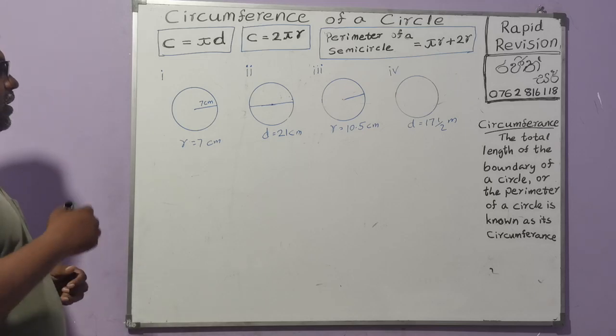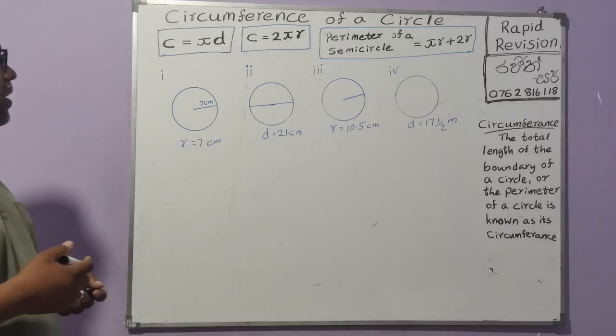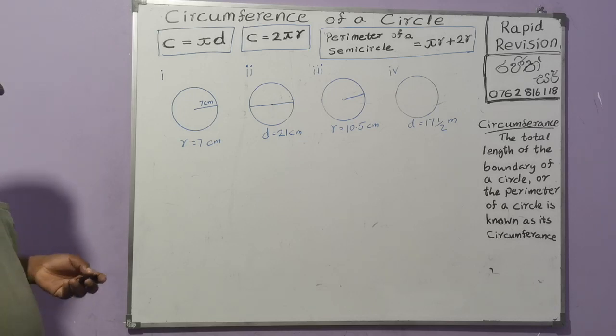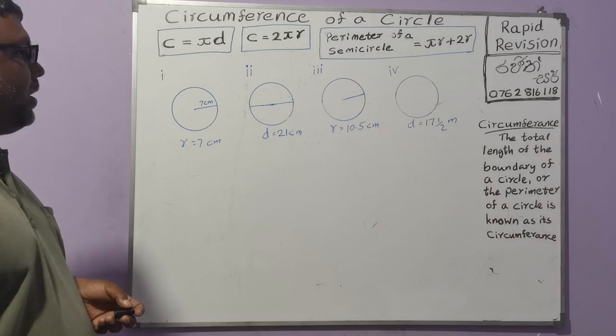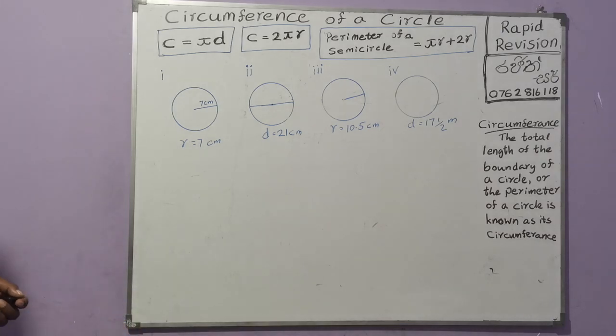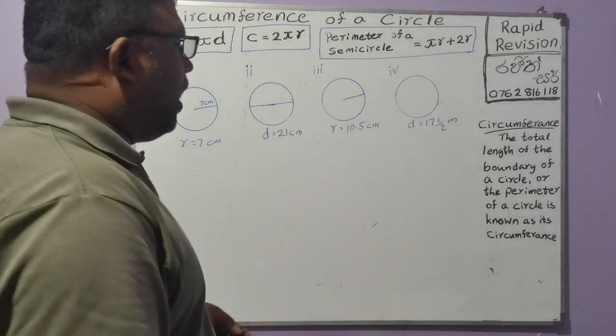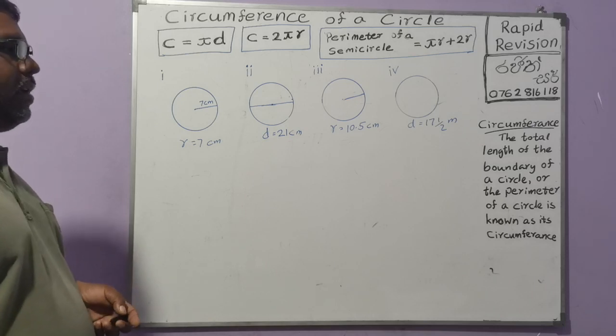You know, in a square or rectangle you say the perimeter, the length of the boundary. But for a circle we don't call that perimeter.